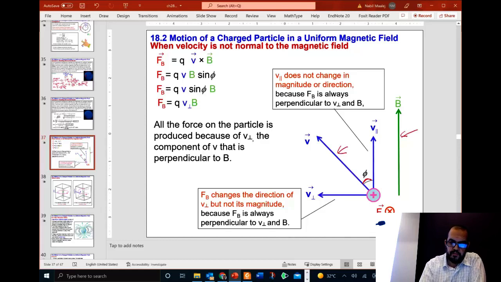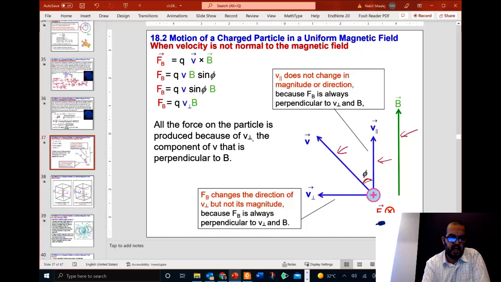The parallel component does not generate a magnetic force, because it is parallel to the B field, and since they are parallel, the cross product is zero. But the perpendicular component produces a magnetic force.